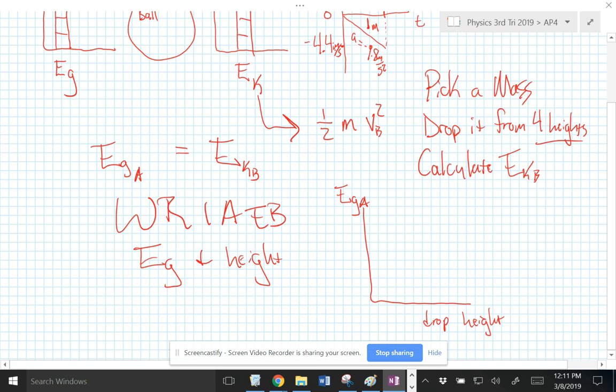The velocity starts at 0. So dropping from 4 different heights. So 1 meter, drop it from 1 meter.